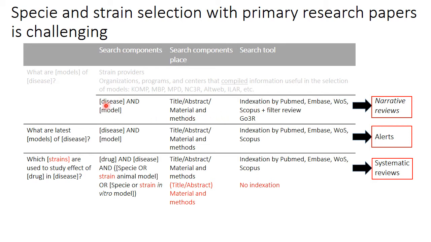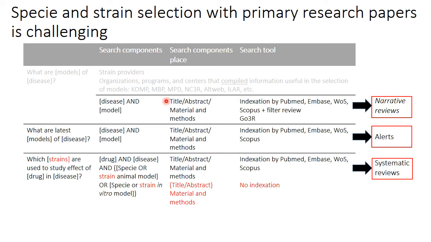If the components of your search are typed in the search box, such as the disease and the species, these terms may be located in the title and/or abstract and/or materials and methods.